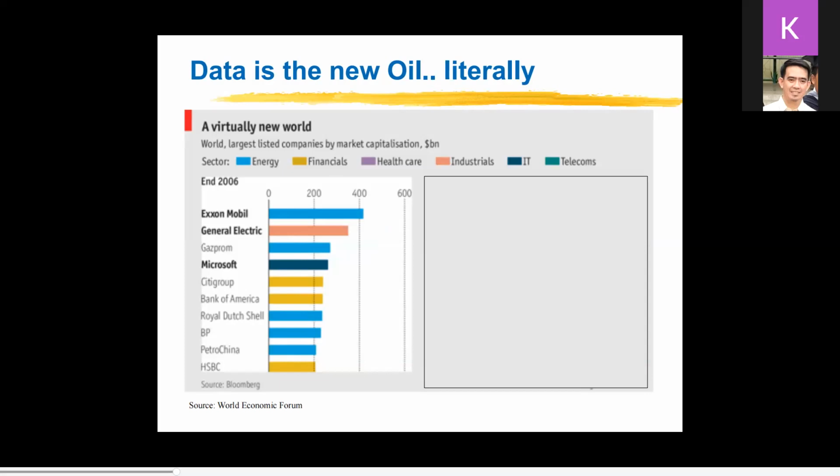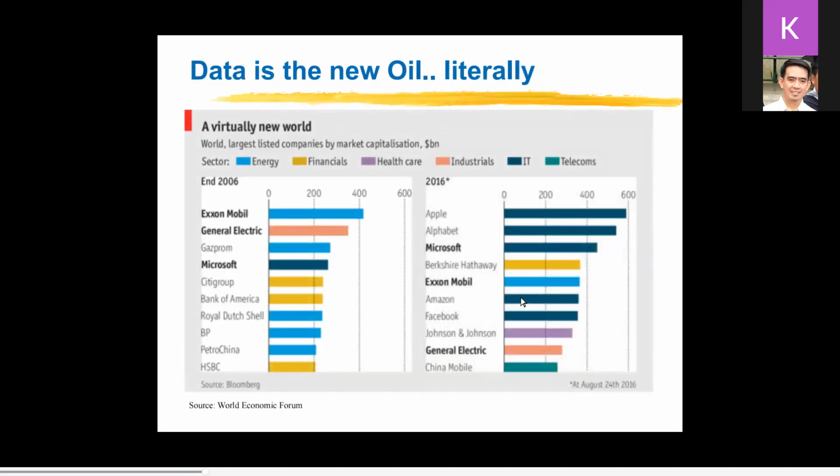Something like ExxonMobil is here, General Electric is from the industrial field, Gazprom is from the energy field, and Microsoft is only number 4 at that time. But let's take a look after several years passed with the advent of the generation of data. The landscape changed. In 2016, you will see that the top three listed companies based on billions of market capitalization are already Apple, Alphabet, and Microsoft.